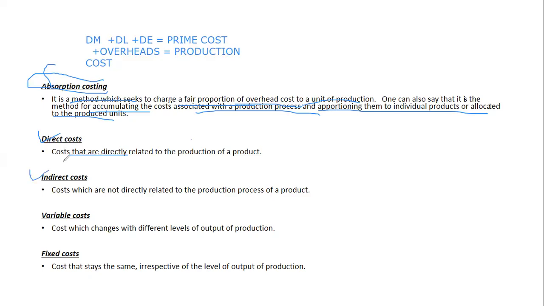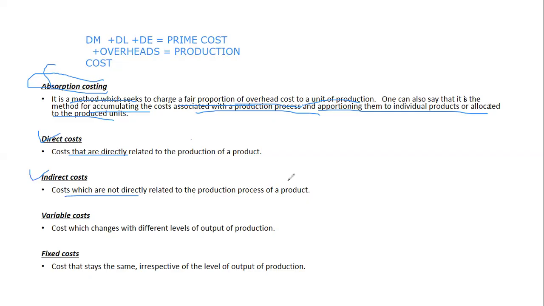And we have indirect costs. These are costs that are not directly related to the production process of a product. In other words, these are costs that cannot be directly traced to a specific product. We have costs like rent.